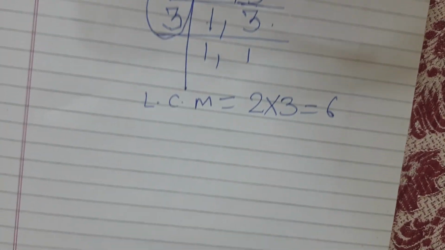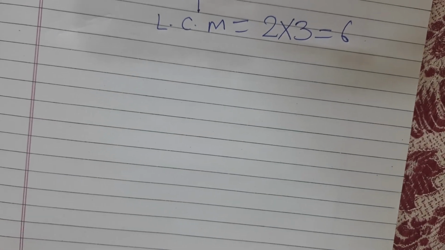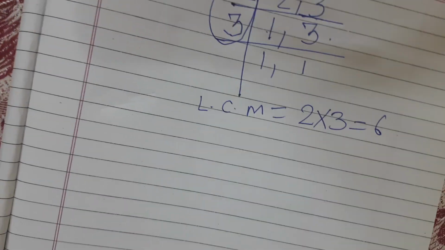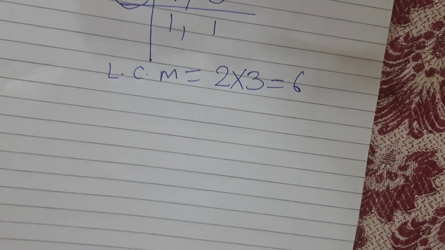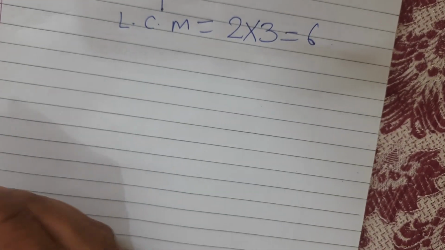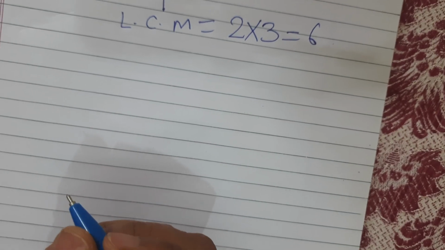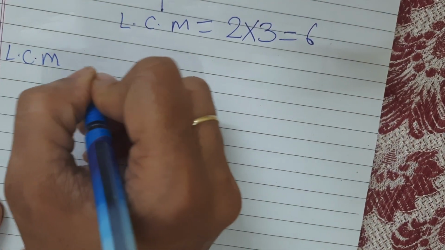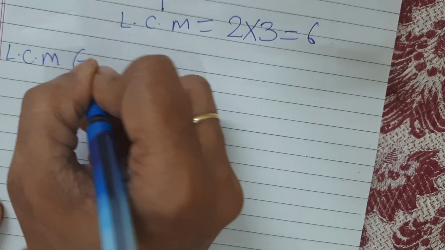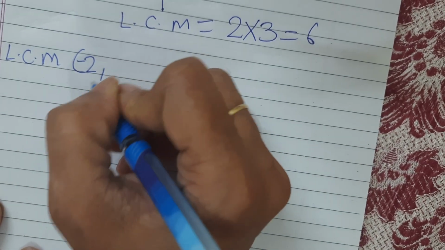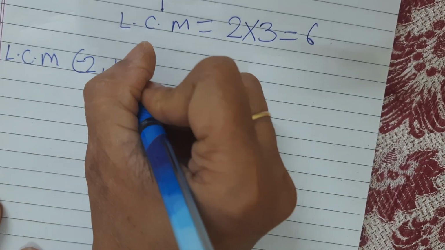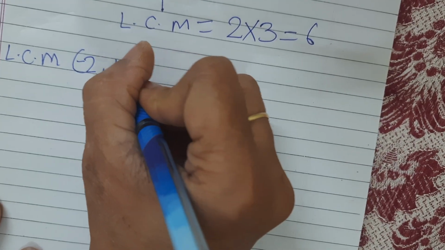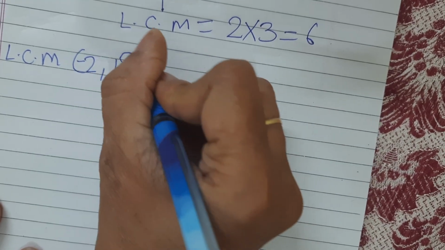Okay. Now let's take another example, let's say LCM of 2 and 18.